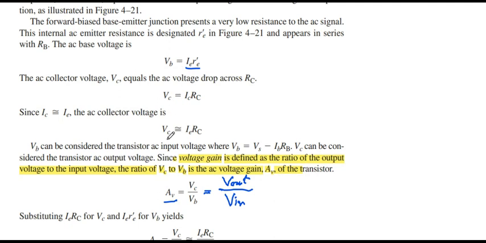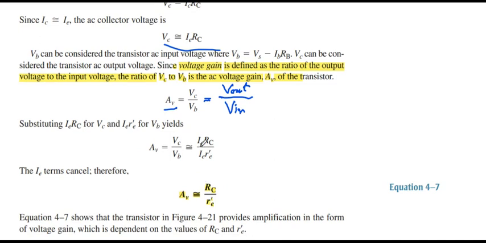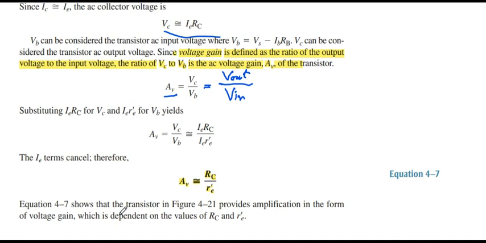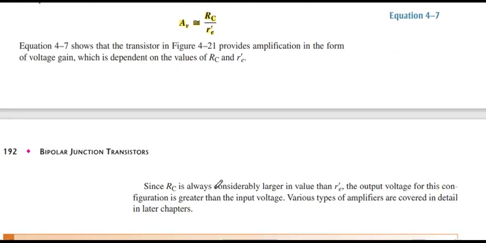VC I get from there and VB I get from there. Both values can be put in this equation. We get RC divided by RE. RC is the collector load resistance where we get the output voltage, and RE is the internal resistance of the AC supply of the transistor.